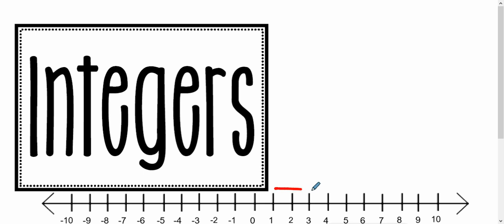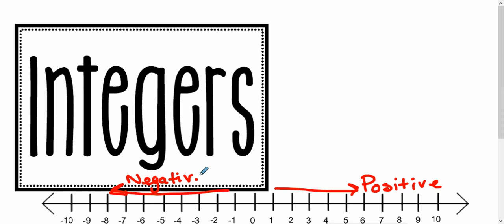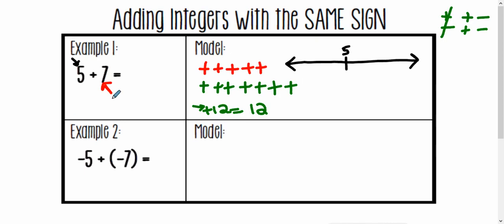We have positives in this direction, and we have negatives in this direction. So it all depends on if the number that we are adding is a positive or a negative. In this example, we're talking about a positive, so we want to go right.